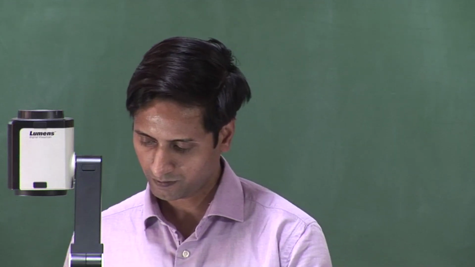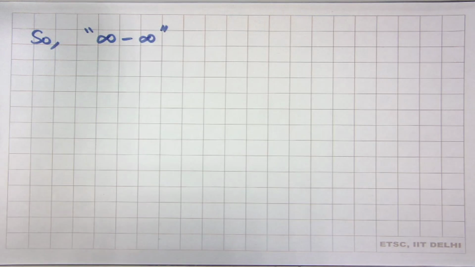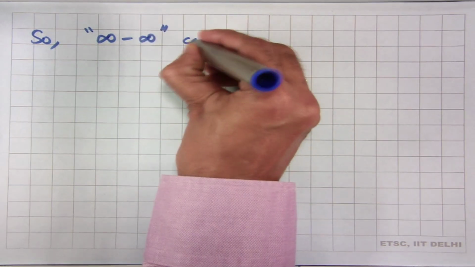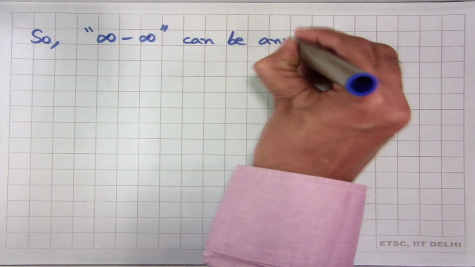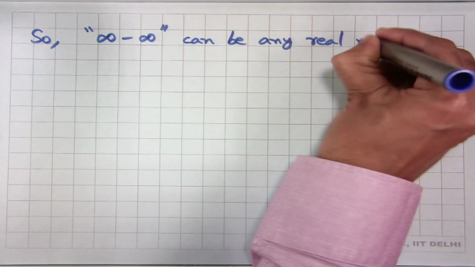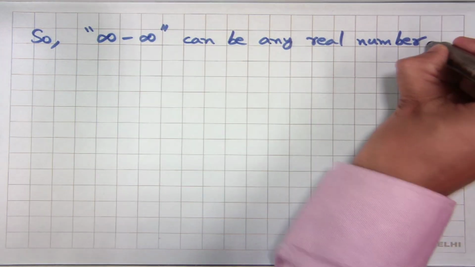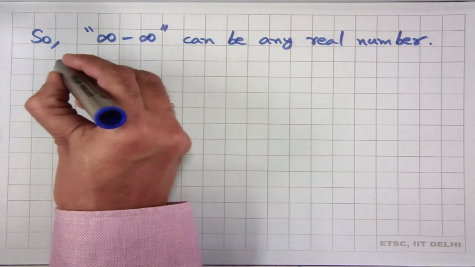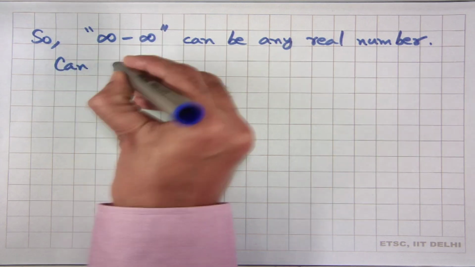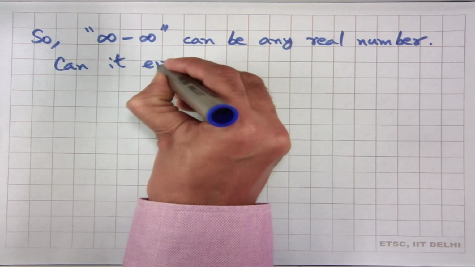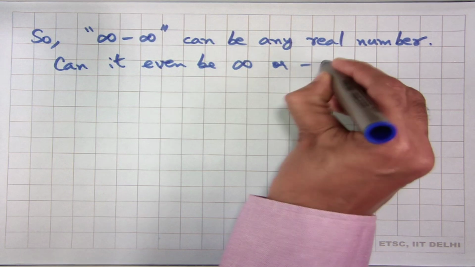So, this infinity minus infinity, which does not make sense, can be any real number. Also, the question is, can it even be infinity or minus infinity?